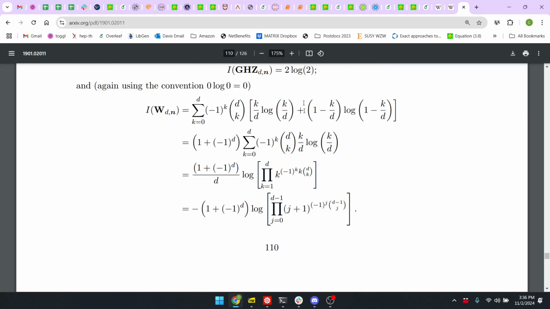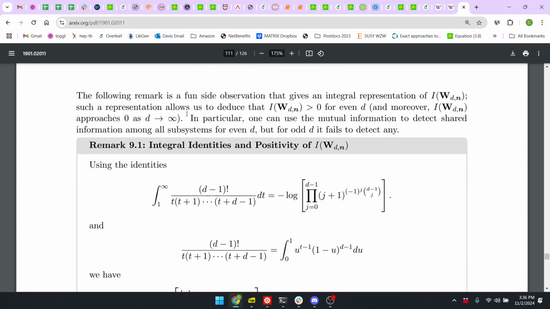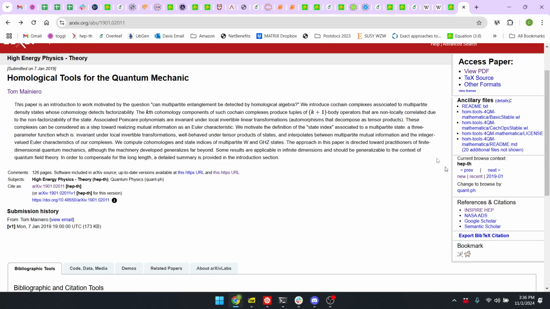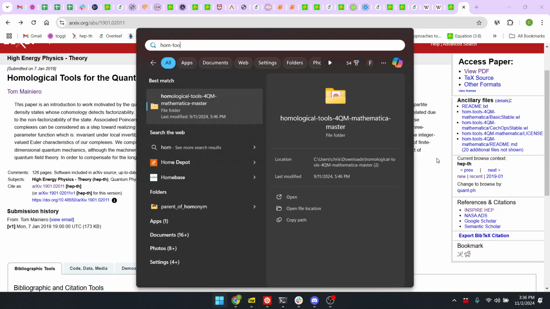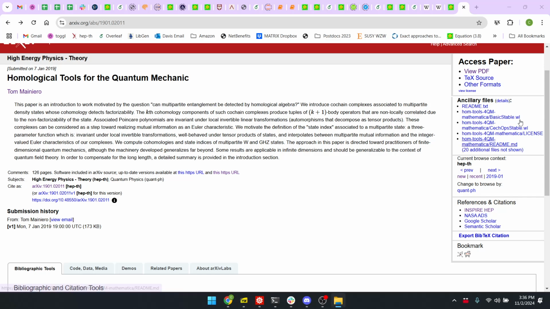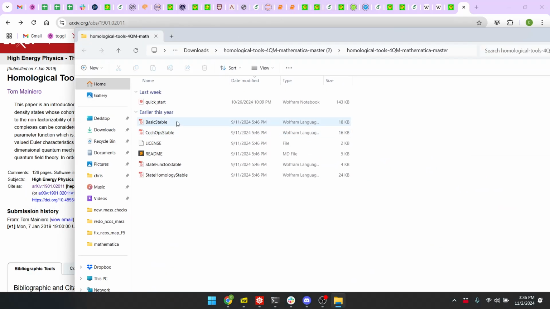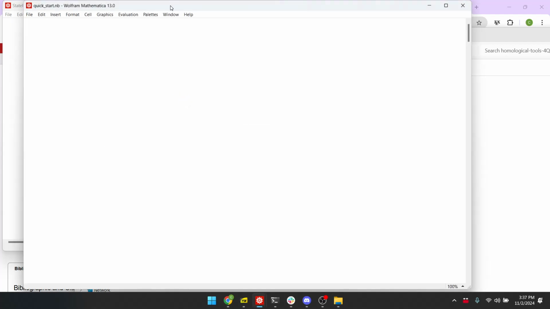So he wants to do that same thing here, where you put in more variables and make this more refined, because he was hoping that in cases where you can't tell the difference between 2 states based on their cohomologies, the state index might distinguish between them. But I don't know if that's succeeded, and I don't remember if his code, state functor stable, did he even have places where you can compute the state index in this thing?